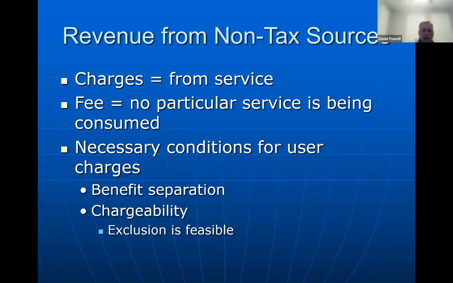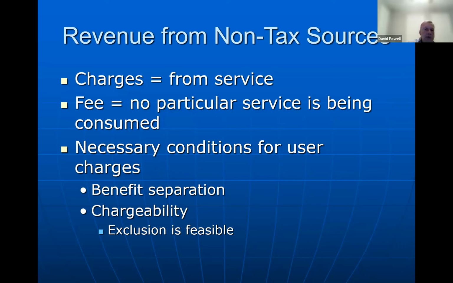Again, the more you can shift the burden, the more likely citizens are going to be supportive of that revenue source. But you'll notice on that previous slide, local governments are still reliant upon different sources of tax revenue because you are never going to be able to completely supplant your tax-based sources of revenue with non-tax sources of revenue because there are limitations on what you can use these user fees and user charges for.